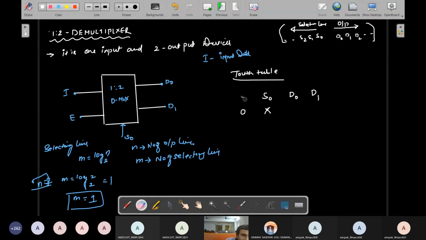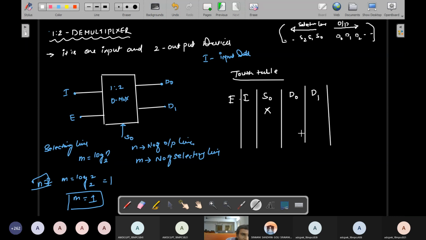So this is the enable, and after that, one terminal I was missing, so let me write it here: enable and I. This is also one terminal used in the block diagram. We have only one selecting terminal, so the possibilities are either 0 or 1.